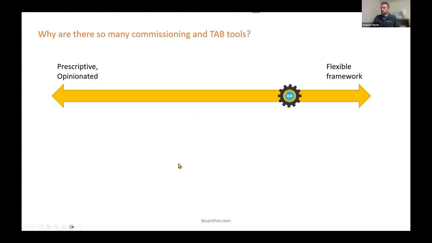There's pros and cons. Where Blue Rhythm fits on this spectrum is about 2/3 of the way towards the flexible end. So it's of course a tool designed specifically for test and balance and commissioning and quality assurance workflows. Very technical process.